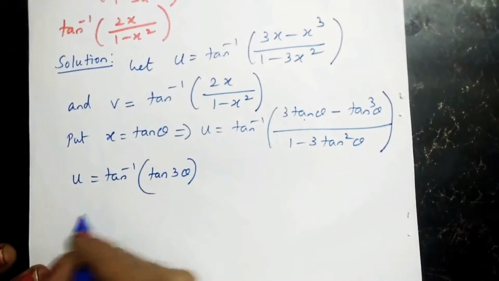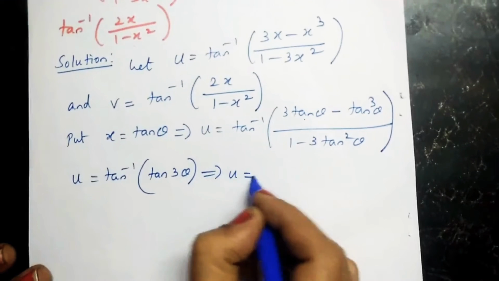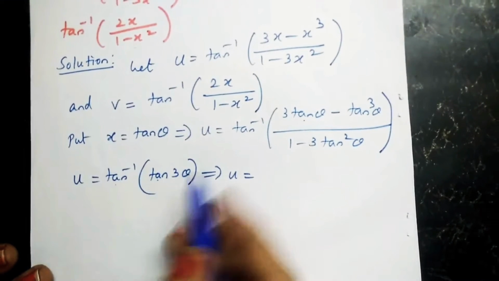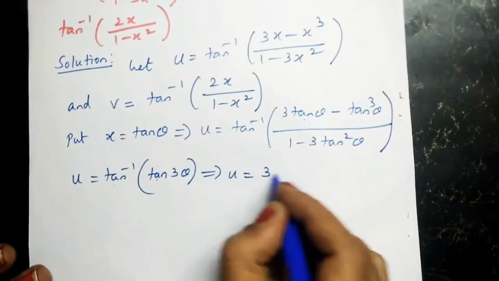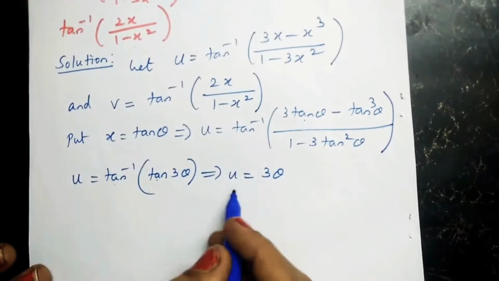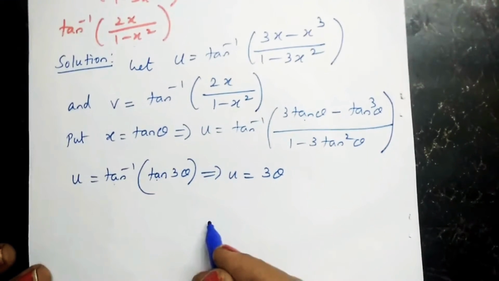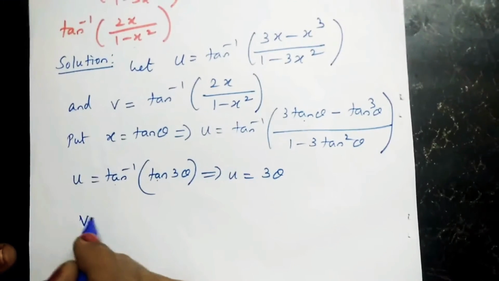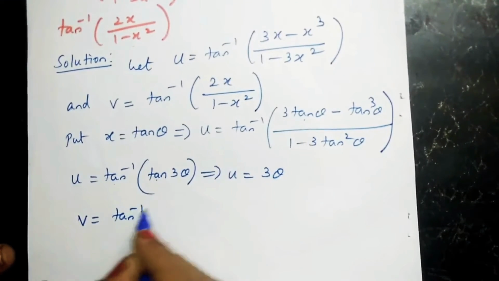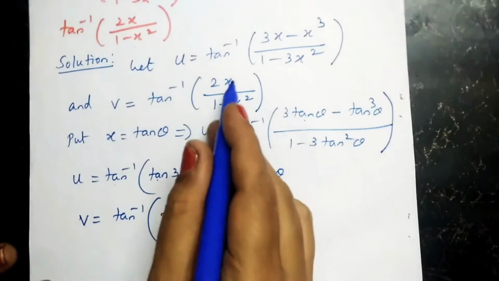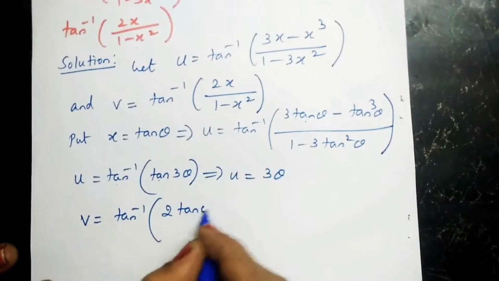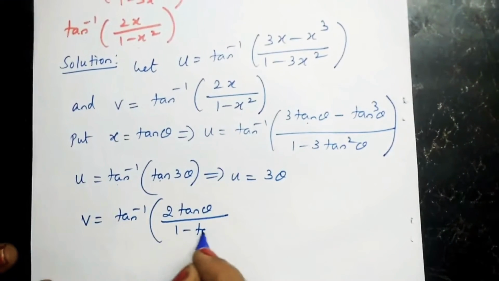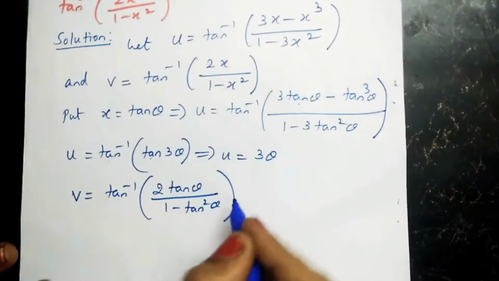Therefore, u is equal to tan inverse of tan 3 theta, by the inverse property, only 3 theta. So u is equal to 3 theta. Next, come to v. v is equal to tan inverse of 2 tan theta by 1 minus tan square theta, where x is changed to tan theta.